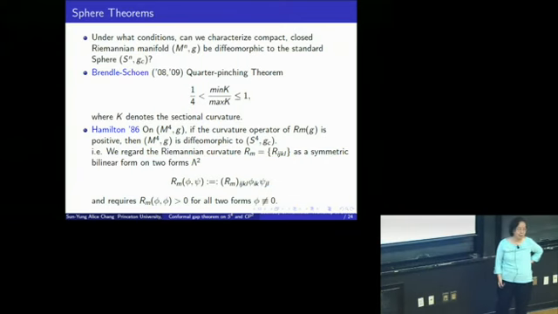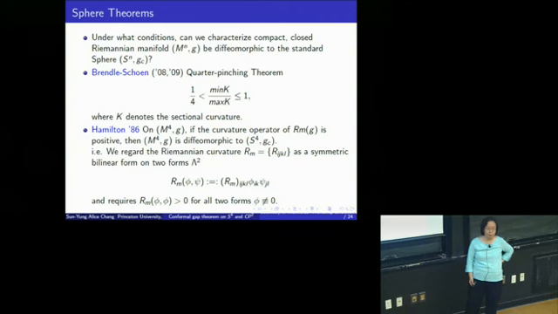Under this condition, he again used Ricci flow to flow things to the 4-sphere.